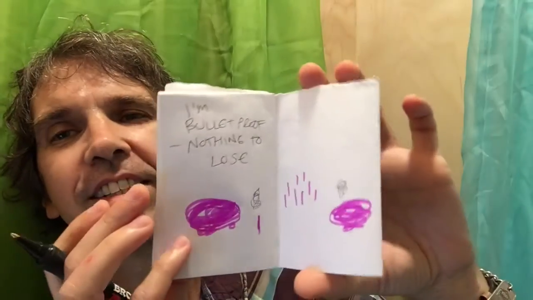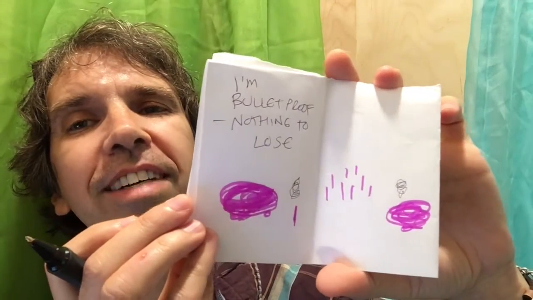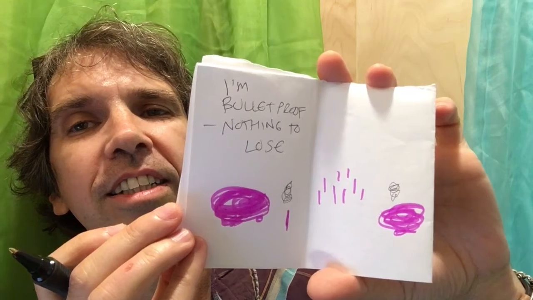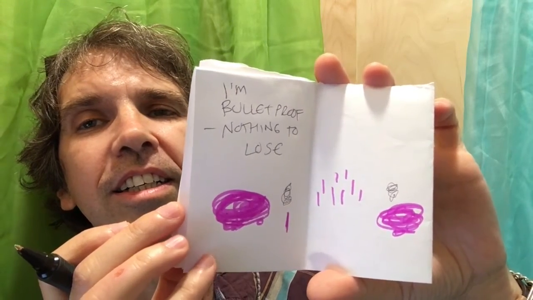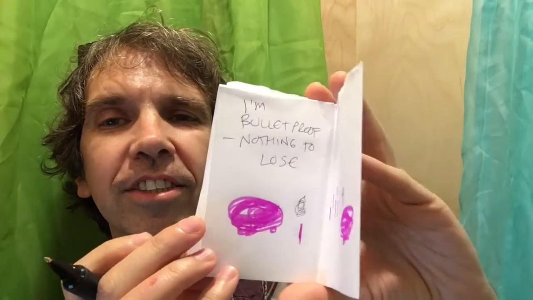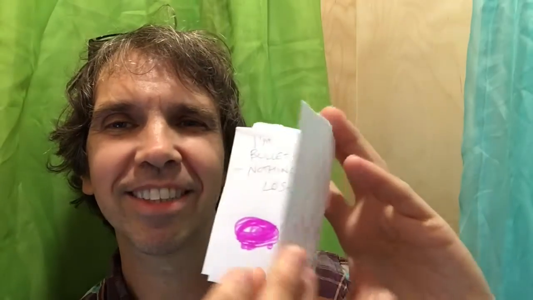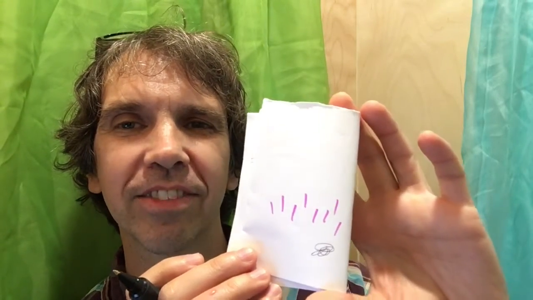I'm writing this sloppily. I'm bulletproof, nothing to lose. And so I've got that Sia lyric there. I'm bulletproof, nothing to lose, as it hops on the bus or something and then disappears and leaves all these other things behind. I kind of like that.